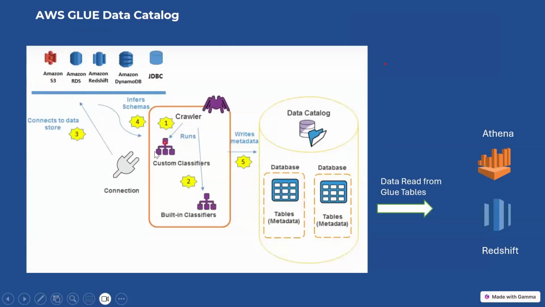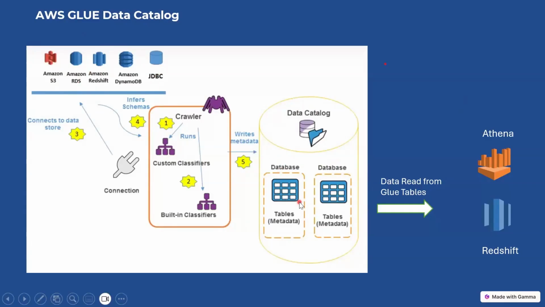The way you see there is a central component, crawler, connected to S3, RDS, Redshift. It can connect to these different services, S3, RDS, Redshift, DynamoDB, JDBC sources, and it generates the metadata out of it.